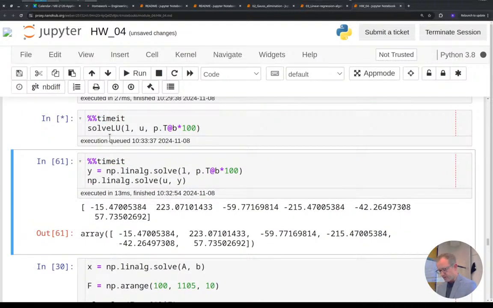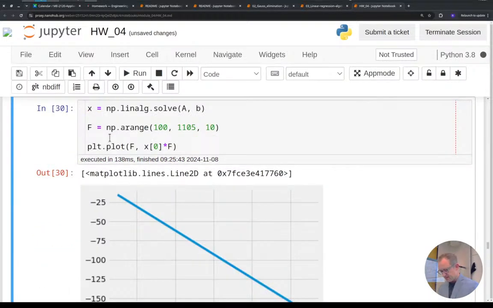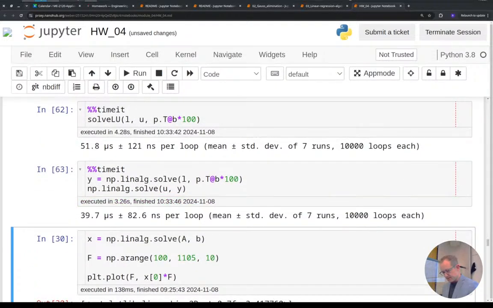So solve LU is just using forward-backward substitution versus linalg.solve twice. It's actually a little faster to just use the linalg solve. Not much faster, because it is the same problem, it's doing the same thing.